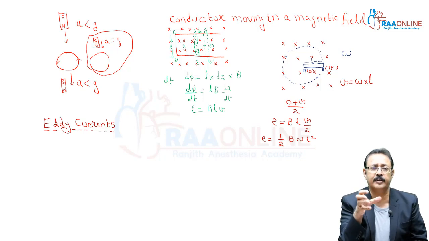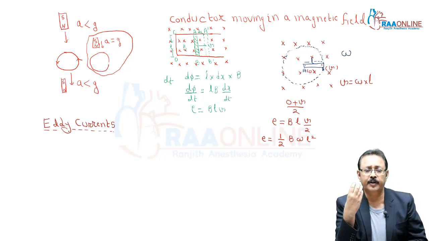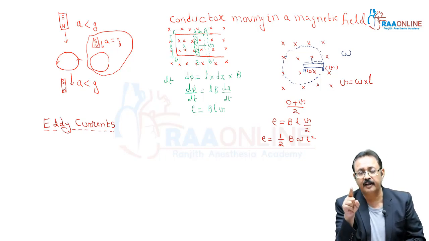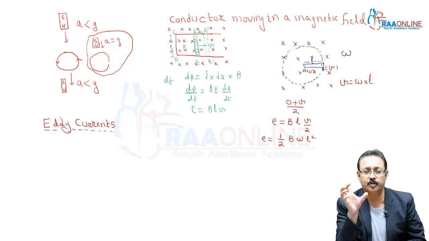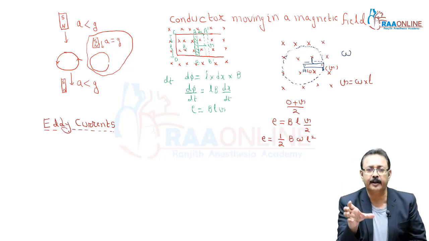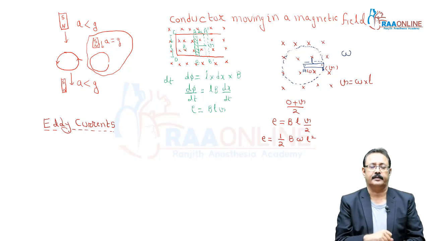So at the surface of the drum, eddy currents will be produced, and they will try to oppose the reason, means try to oppose the motion of that cylinder, and they will stop the train. So in electric brakes we are using this concept. So these are about eddy currents.